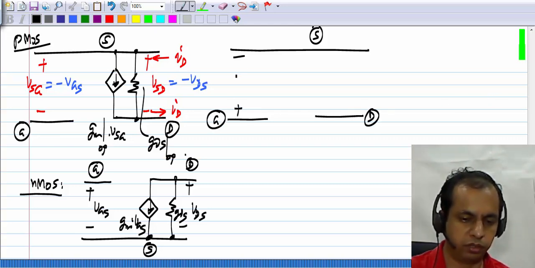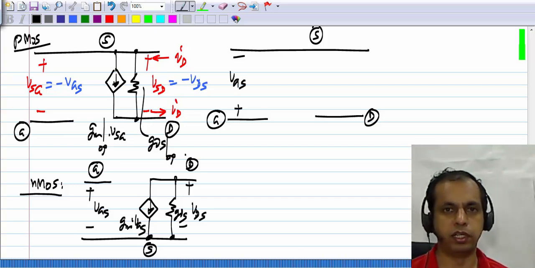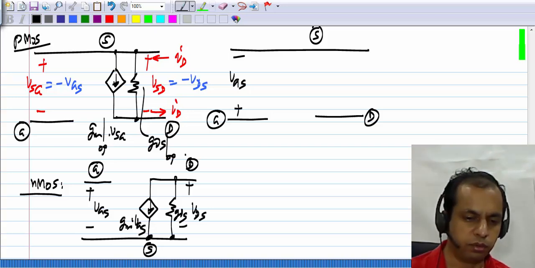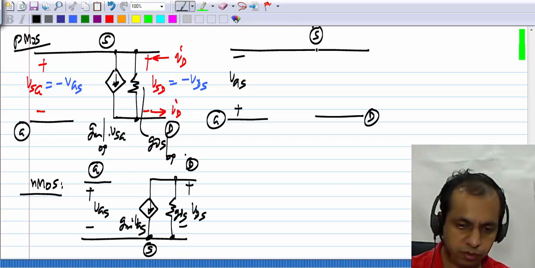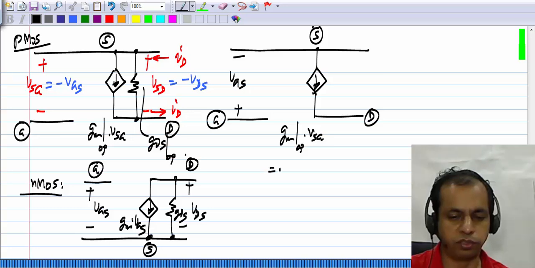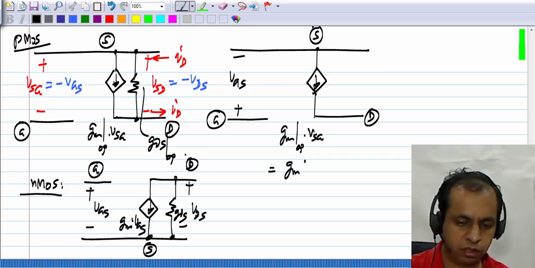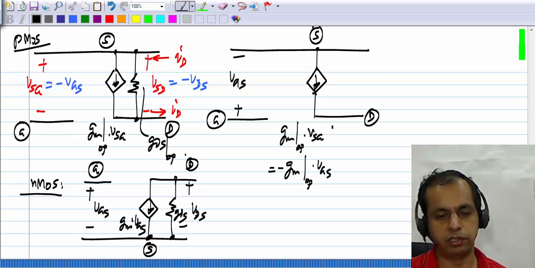Now I'll use VGS as the variable instead of VSG. All I have to do is recognize that this current source is gm times VSG, which of course is minus gm times VGS, because VGS is simply minus VSG.